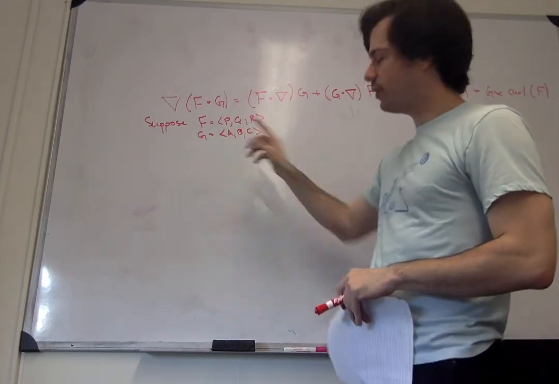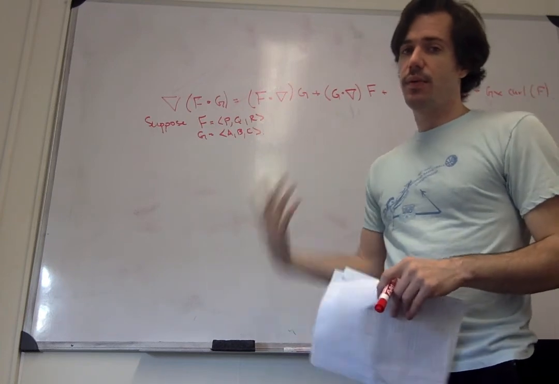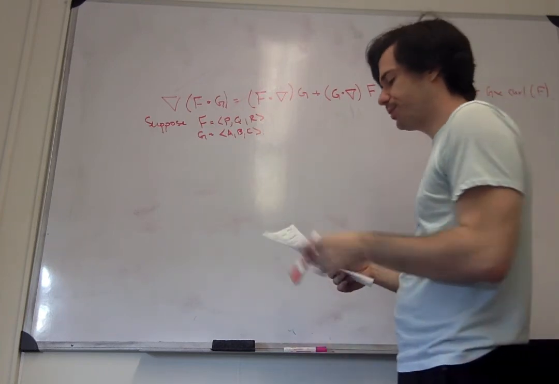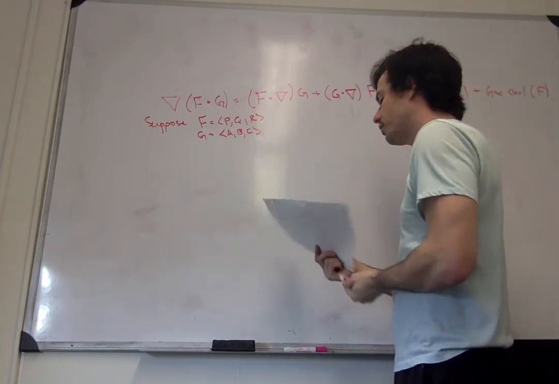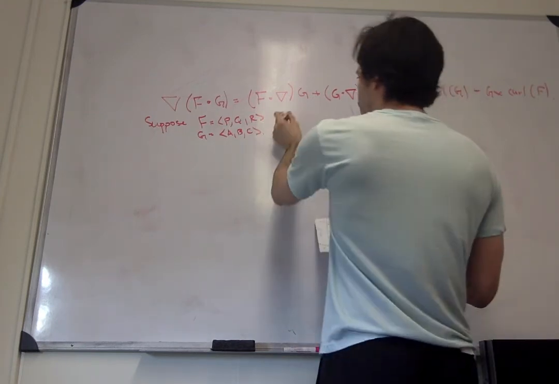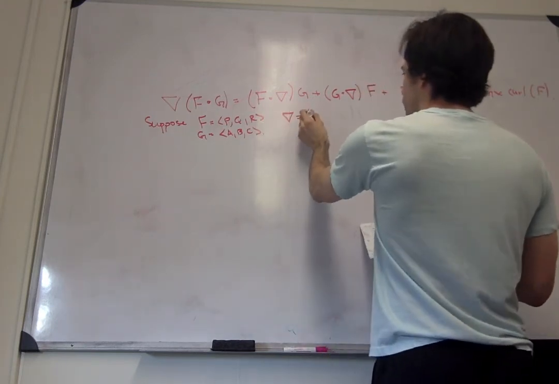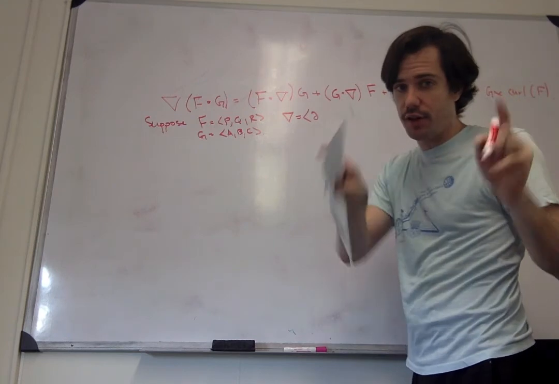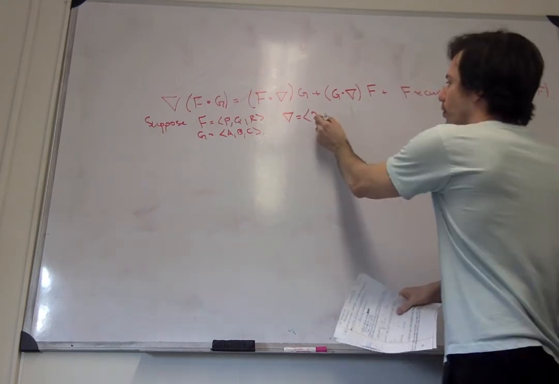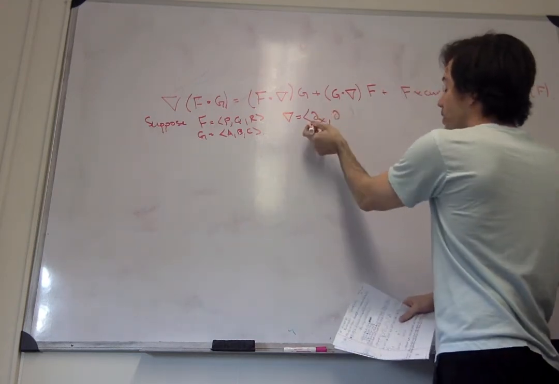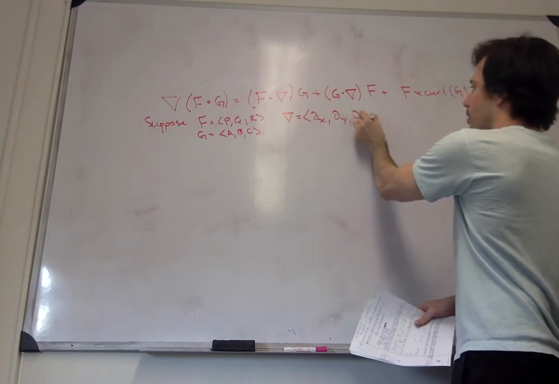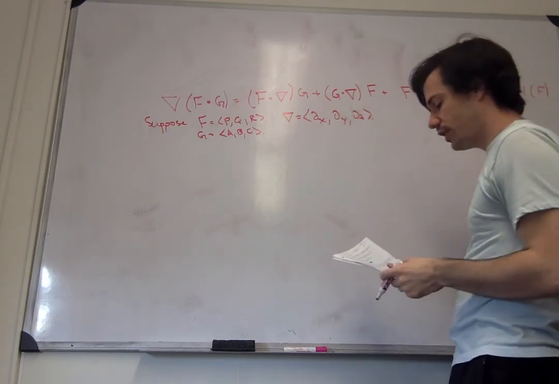So A is a function of x, y, and z, B is a function of x, y, and z, and so on. And of course, nabla is the vector operator of partial of x, partial of y, partial of z. Okay, so that's what that is.